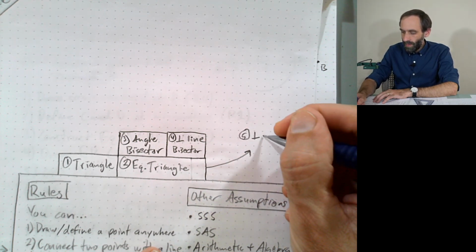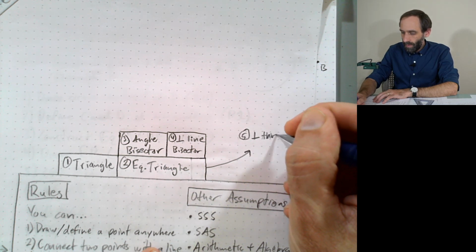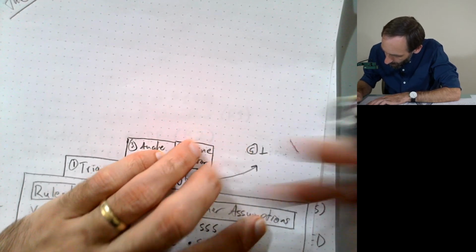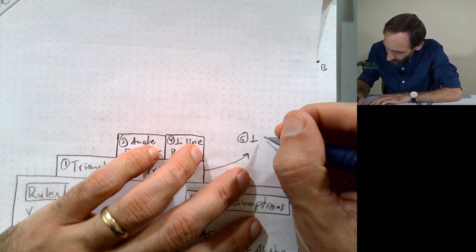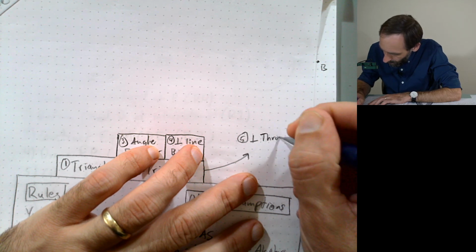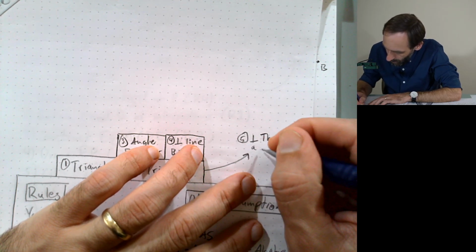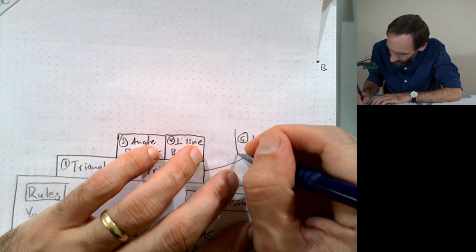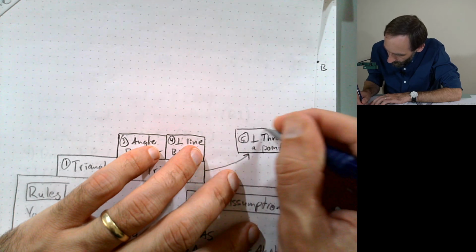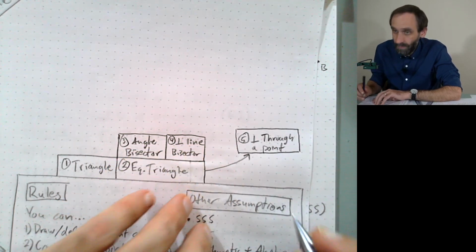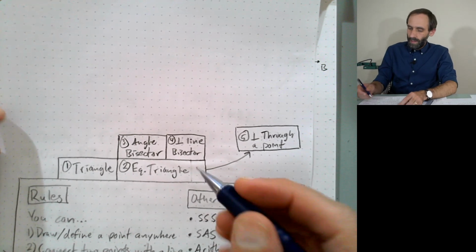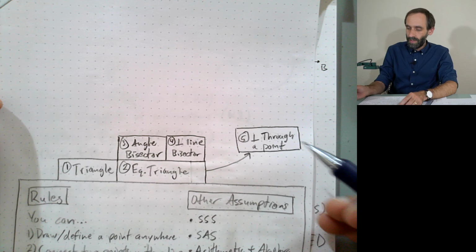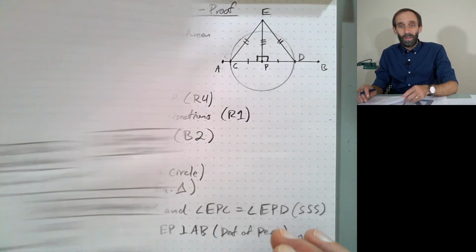We'll say perpendicular through a point. I know I'm really abbreviating here, but you get the idea. So there's a brick that rests on the equilateral triangle, but it doesn't actually rest on top of these, so I'm going to put it next to them.